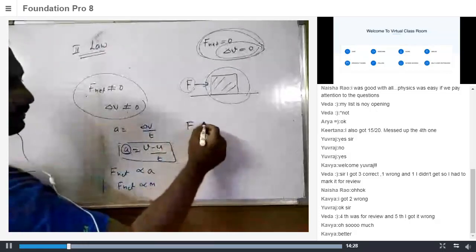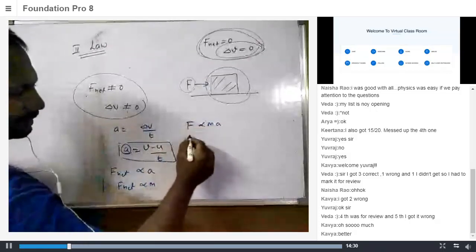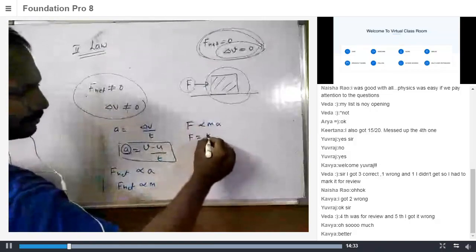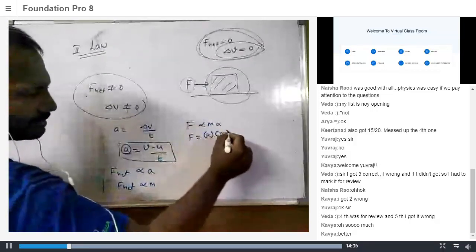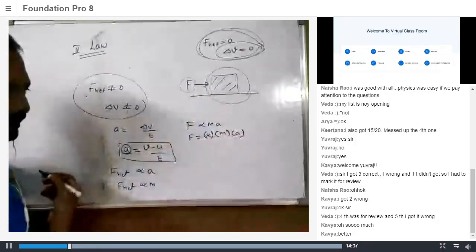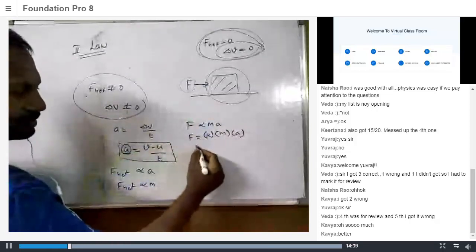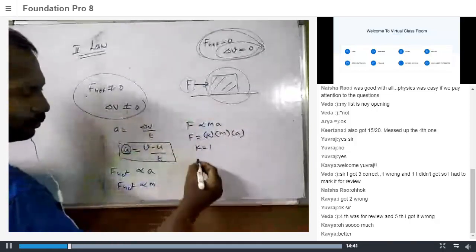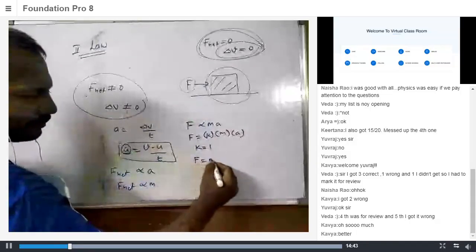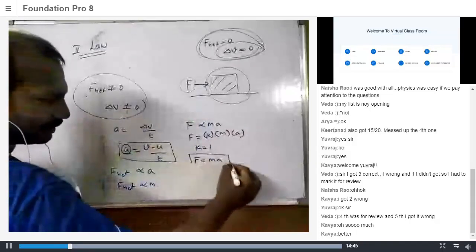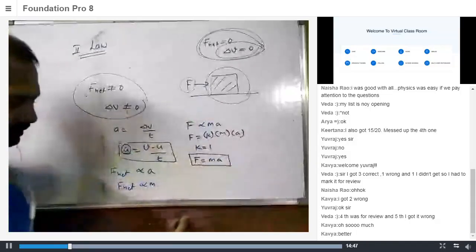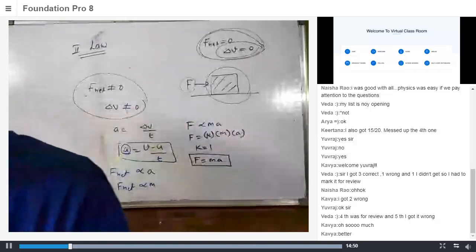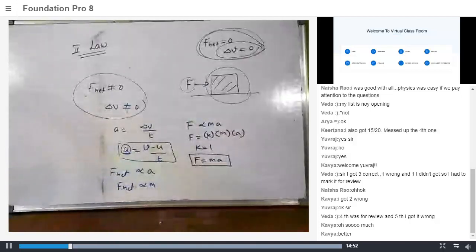I can write F is proportional to mass and acceleration, or F equals some constant into mass into acceleration. This constant is the constant of proportionality, which is equal to 1. So we get F equal to ma, a common statement that you might have heard many times. That is Newton's second law.